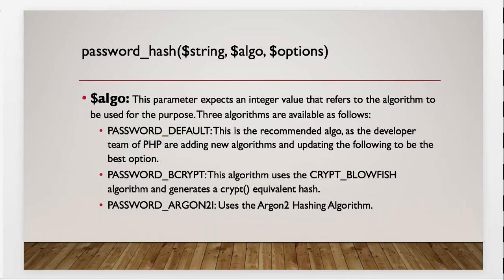It also accepts bcrypt, which generates a similar hash, and argon2i. Basically, it gives the function instructions on how many times to loop through the encryption to make it more difficult.